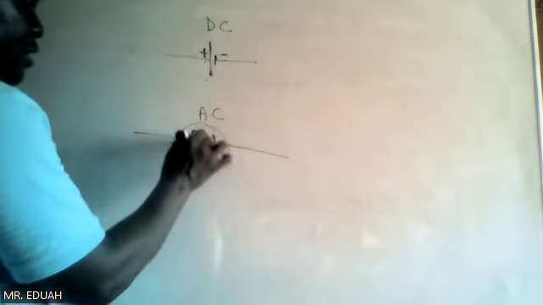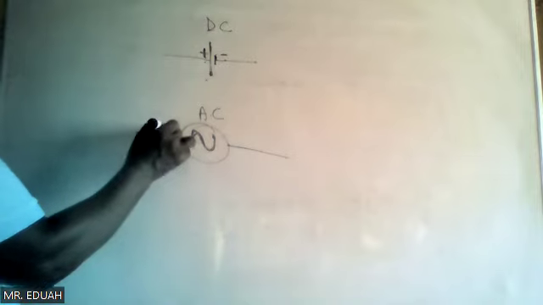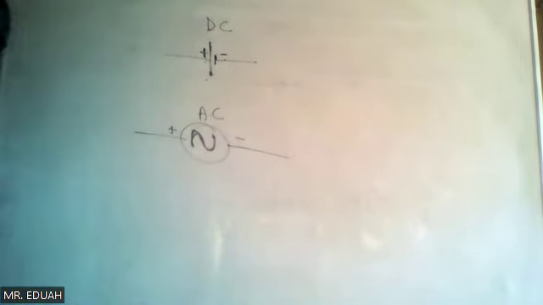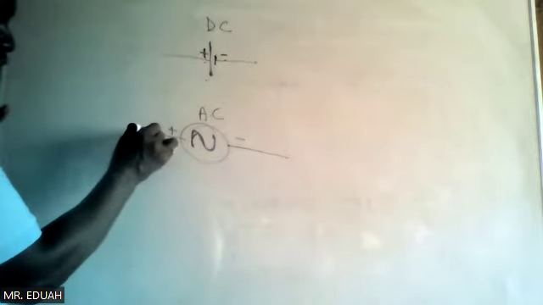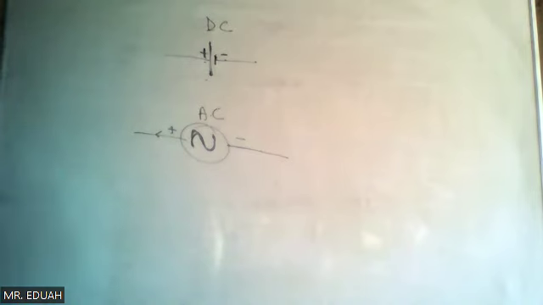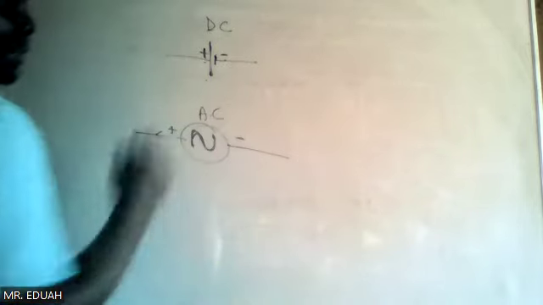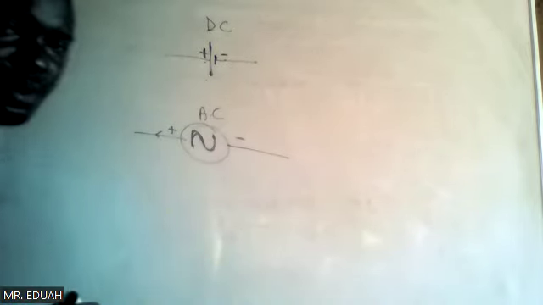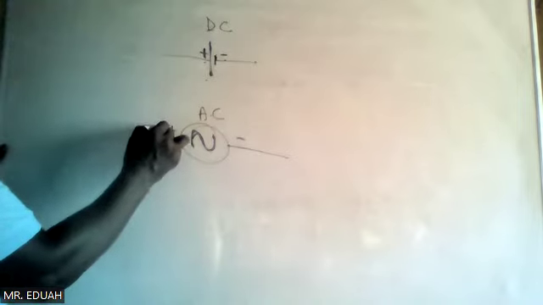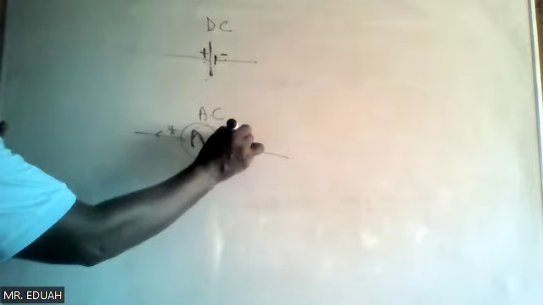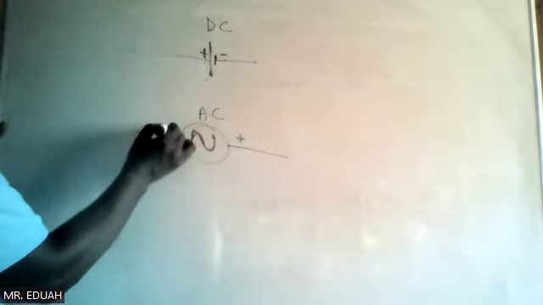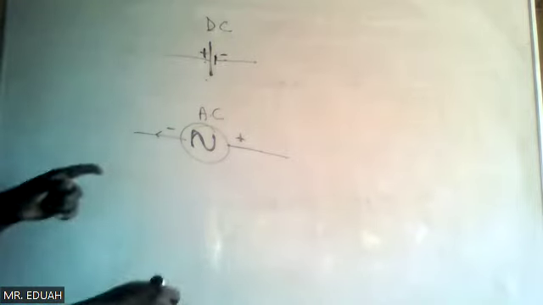Now, there's no indication of positive and no indication of negative. The reason is that current flows from the positive terminal, a point of higher potential, to a point of lower potential. But today this is positive, higher potential; because of the two directional flow, at another time this can be positive and this will be negative. Because of the changing direction, the polarity of the terminals also changes.